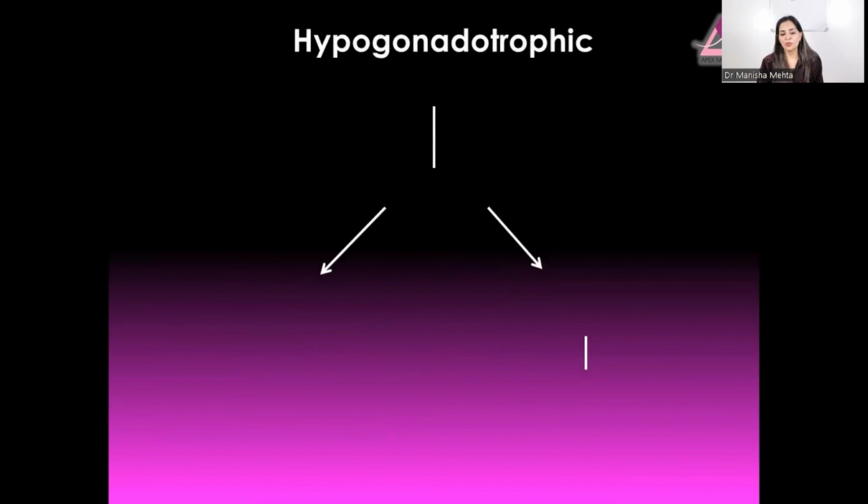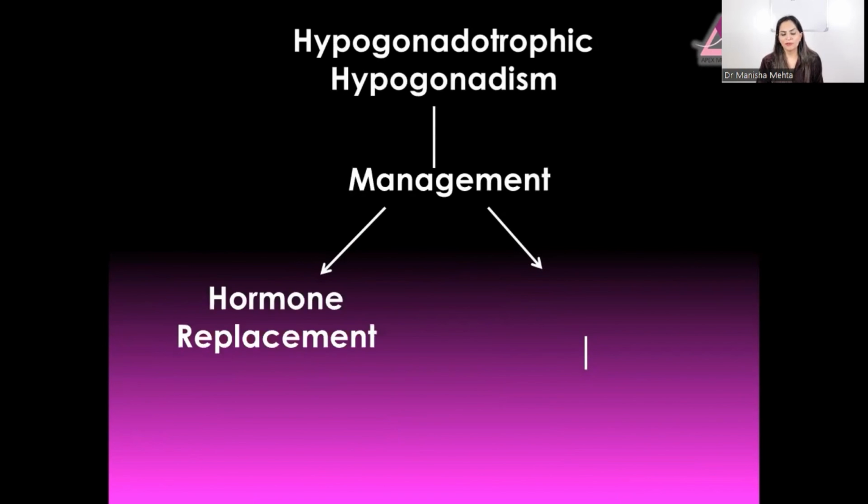What are we going to do now? Hypogonadotrophic hypogonadism. We are going to give hormonal replacement therapy when she doesn't want a baby, but when she wants a pregnancy, good news is she does not have to go in for IVF. Every good infertility specialist or an obstetrician can take care of her.